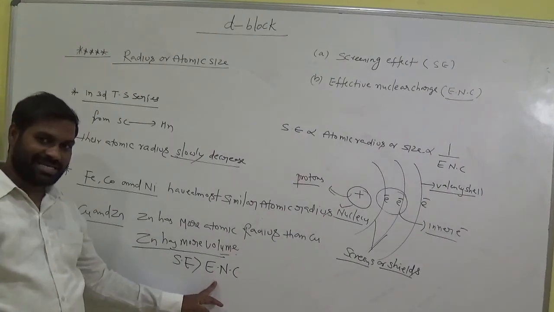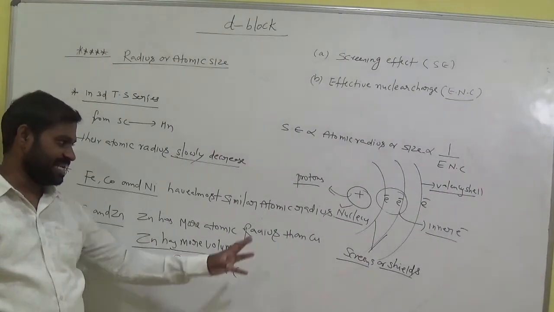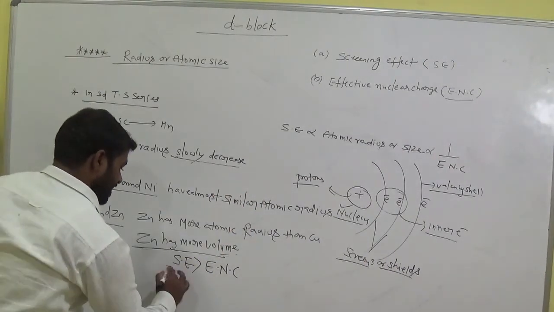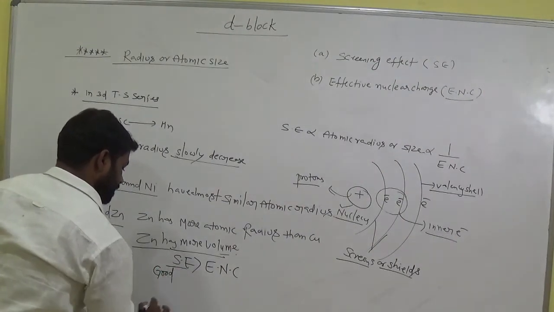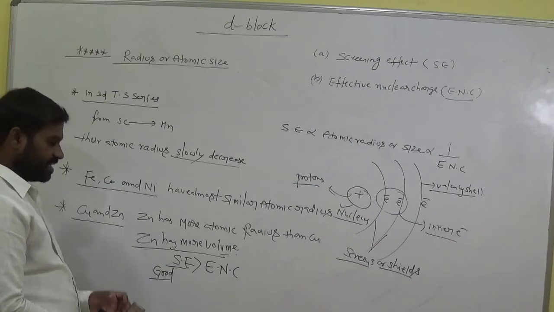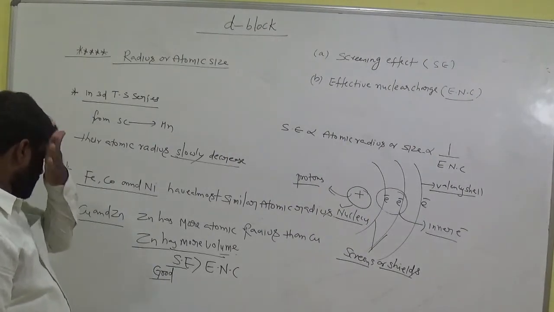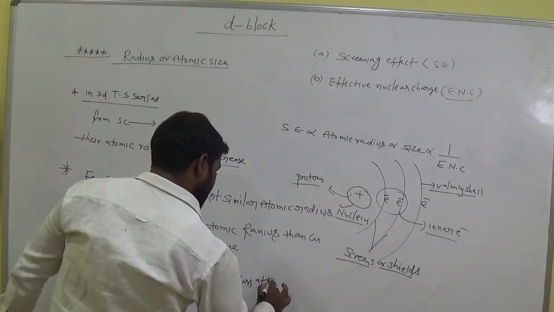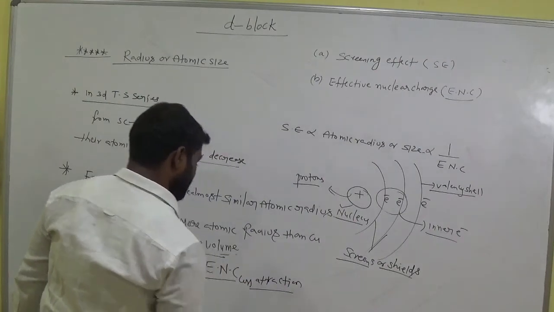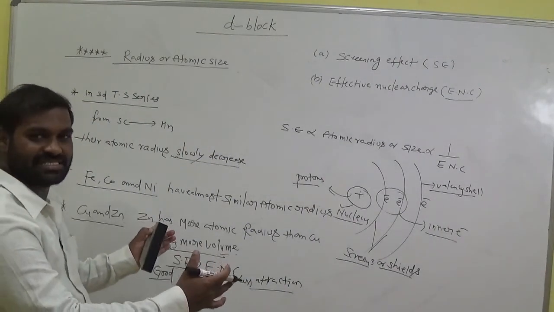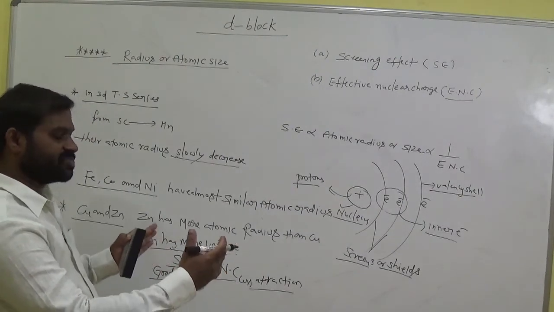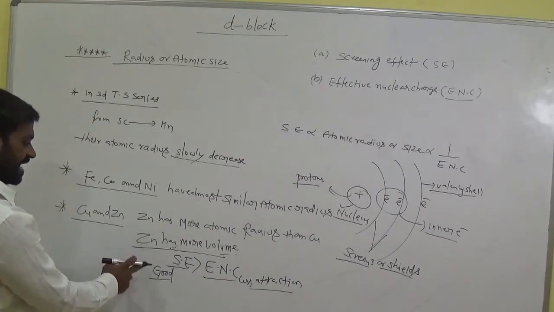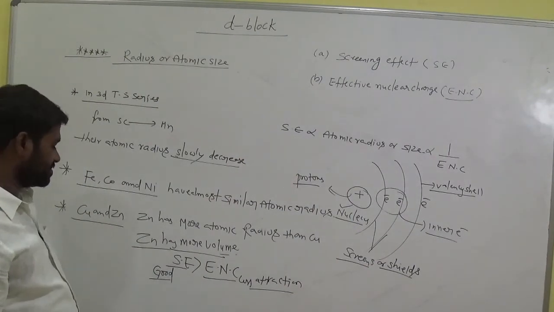Less attraction takes place between the electrons, so you have to mention good screening effect. Effective nuclear charge is very less, so less interaction, which means size increases. So zinc has more size than copper.